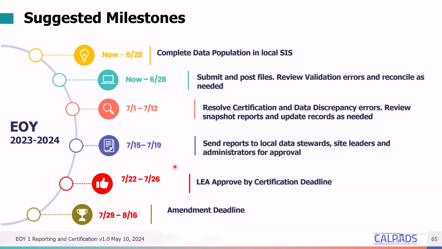Okay. However, if you did approve and you still need to make changes, you can always make those corrections between July 29 up to August 16. But you don't have to wait for those. Okay. So just bear in mind your schedules.